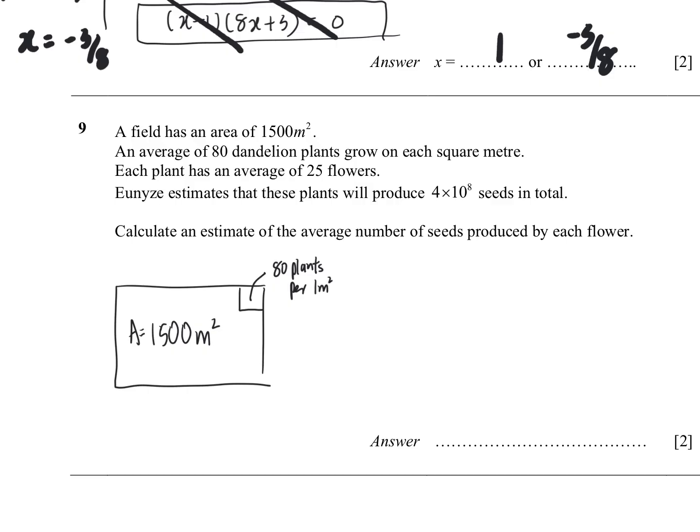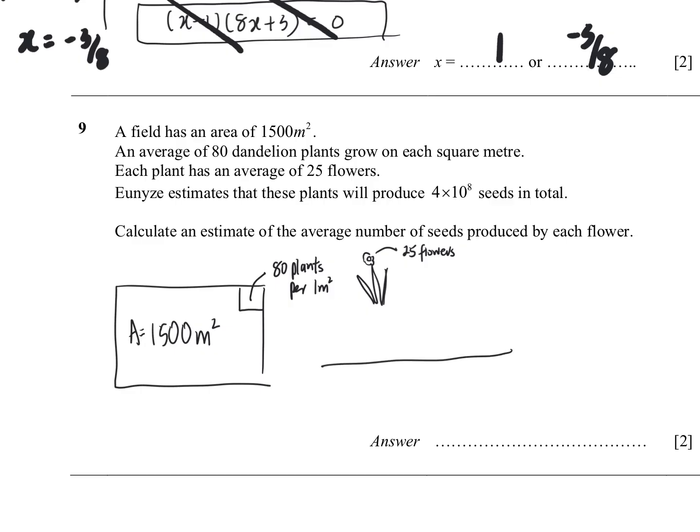That's what it's trying to tell you. And every one plant that they have there has 25 flowers on it. So a lot of information. So they say that these plants will produce 4 times 10 to the power of 8 seeds in total. So can you find the average number of seeds per flower?